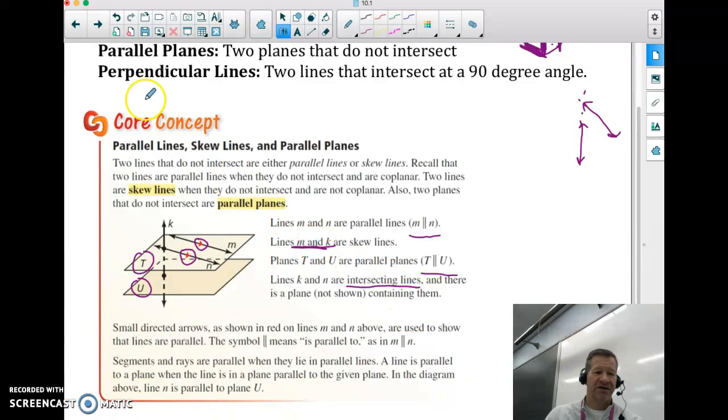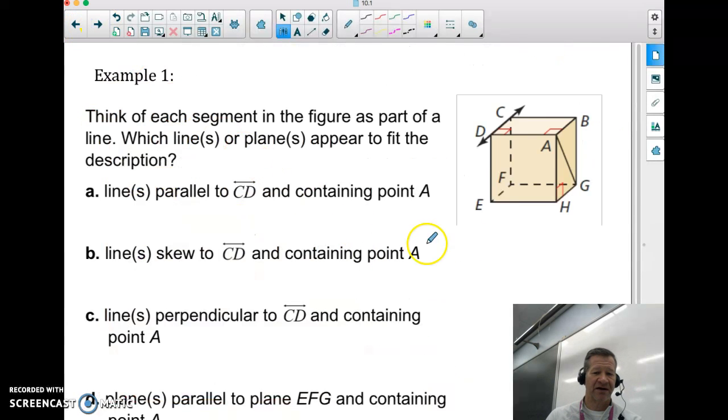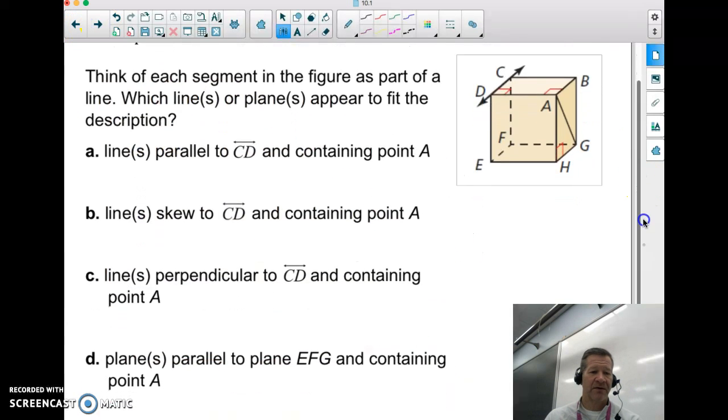Okay, so let's go to our first example and get this out of the way. In example 1, we want to look at this figure and think of each segment as part of a line. Which lines or planes appear to fit the description?